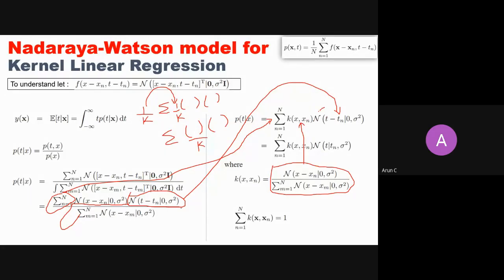Just to simplify further, you have translated it to Tn, or directly you are saying that the mean is at Tn.